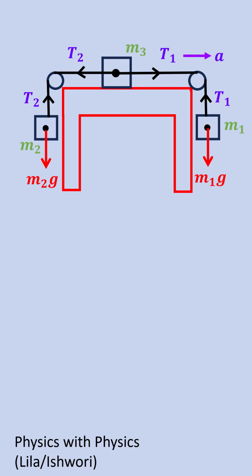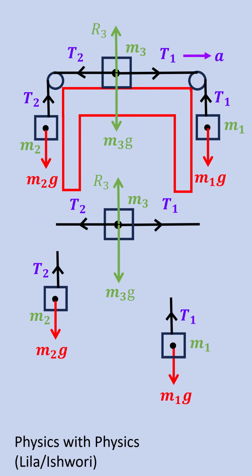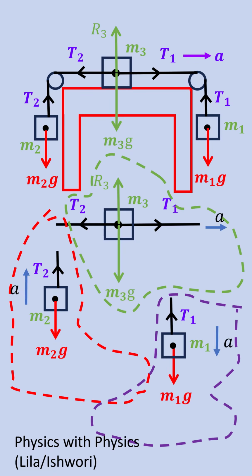The body is moving to the right. That's why the acceleration is shown rightwards. R3 and M3G are shown as discussed earlier. Let's consider the free body diagram once again. The directions of the tensions are shown.